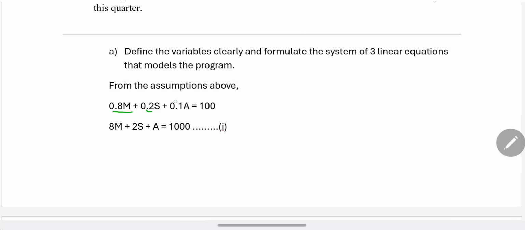From those we can simply formulate these equations. 0.8 million plus 0.2 million plus 0.1 million is equivalent to a total of 100 million. I simplified this further by multiplying through by 10, and then I ended up with this.